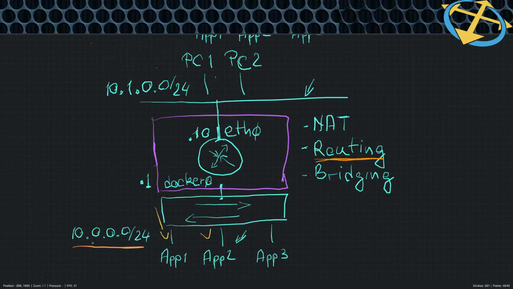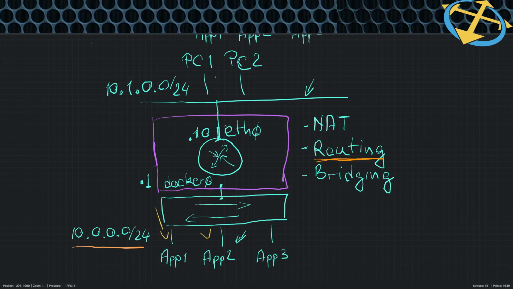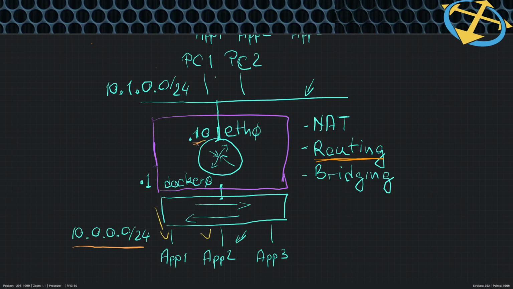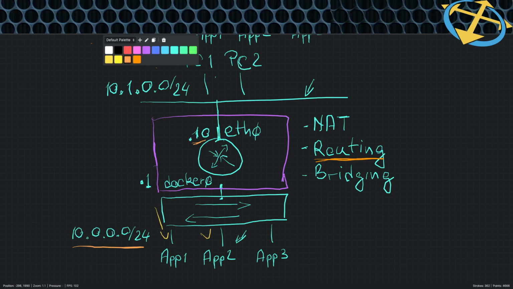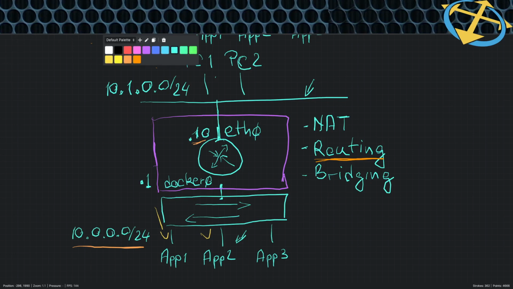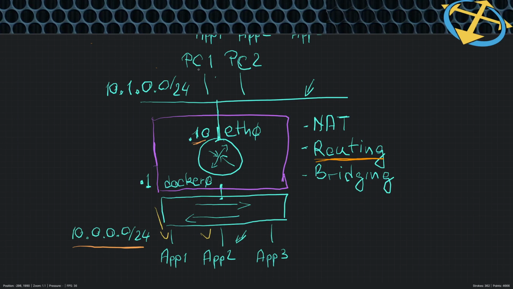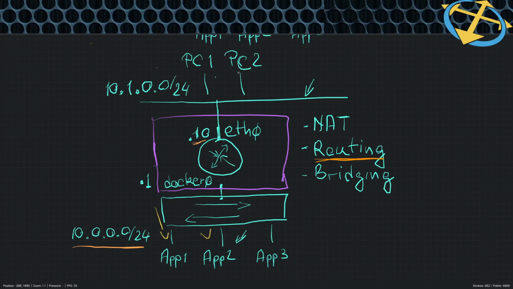Traffic destined to this network needs to be forwarded here to this next hop. And of course I can configure custom routes on each of these PCs.